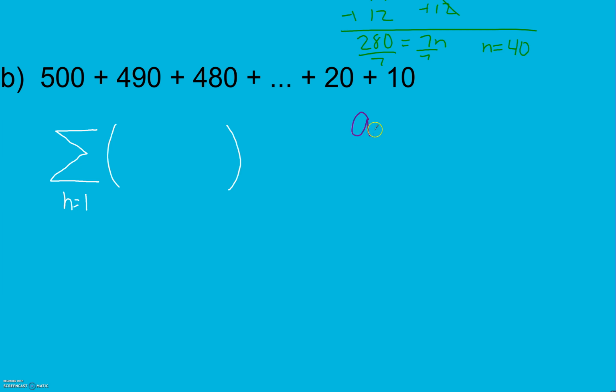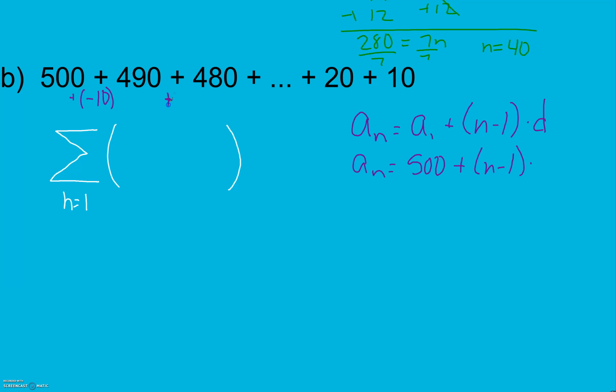Explicit formula. A sub n equals a sub 1, which means the amount of our first term, plus n minus 1 times our common difference. First term, 500, plus n minus 1 times our common difference. To go from 500 to 490, we subtract 10, so we add negative 10.